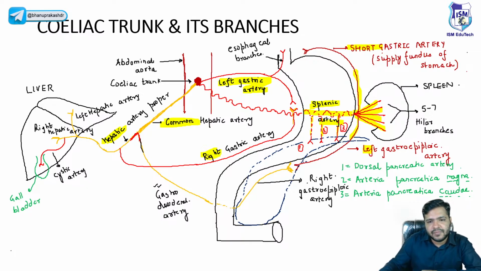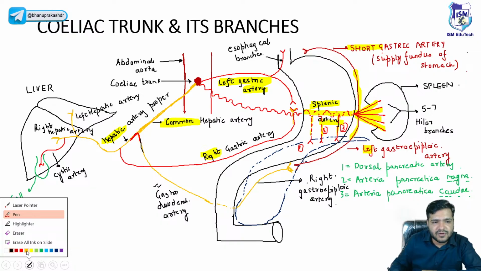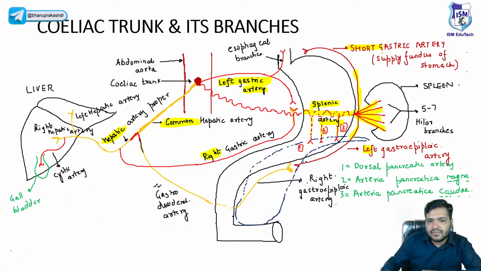Okay, and it is giving one branch that is supplying the head of the pancreas as well as the uncinate process. Yes, very good, Anushka, Sarishta. This branch, supplying the head of the pancreas and the uncinate process, is called the superior pancreaticoduodenal artery.